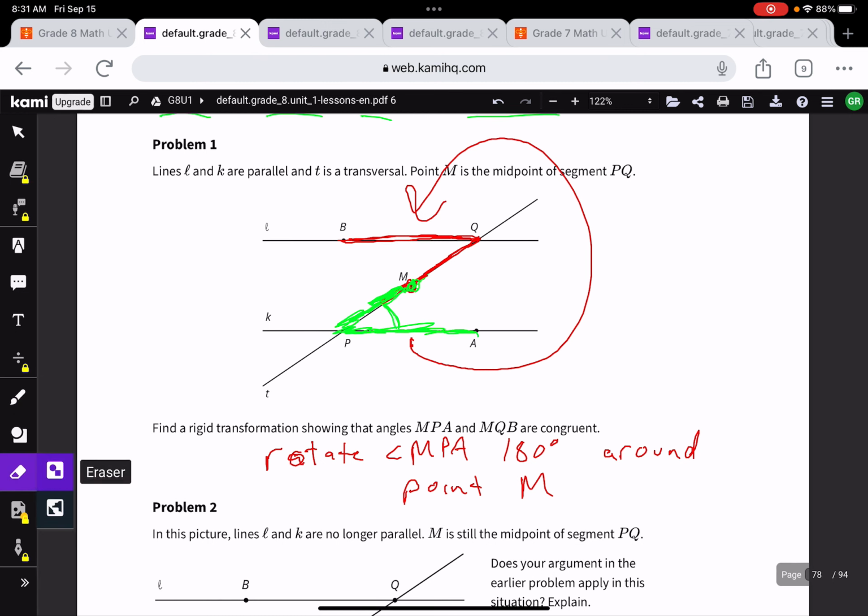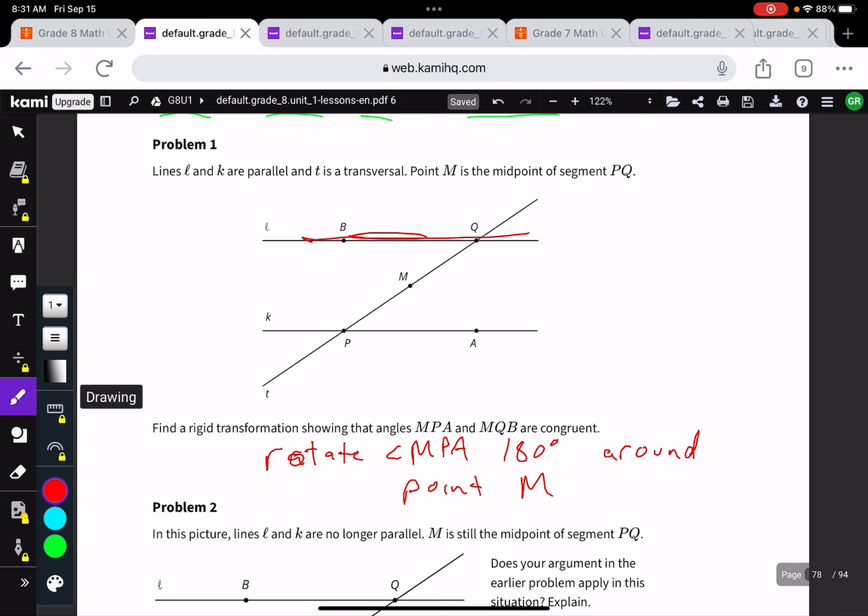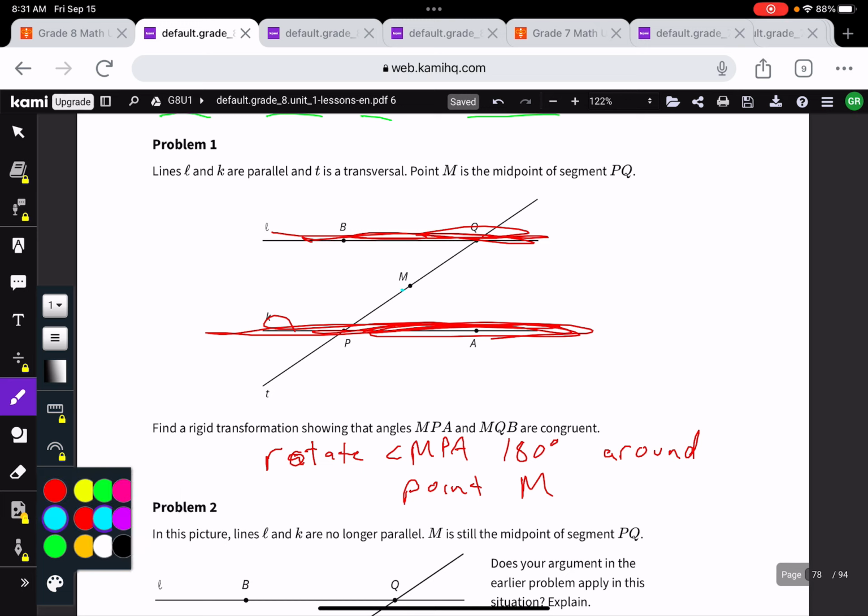It's a weird, fancy term, but let me show you. This is a parallel line, right? And here's a parallel line. The angles that are interior, inside those parallel lines, are this angle here and this angle here. Those are the two angles that are inside that. And guess what?